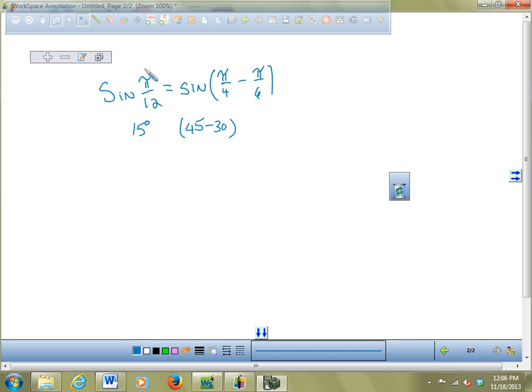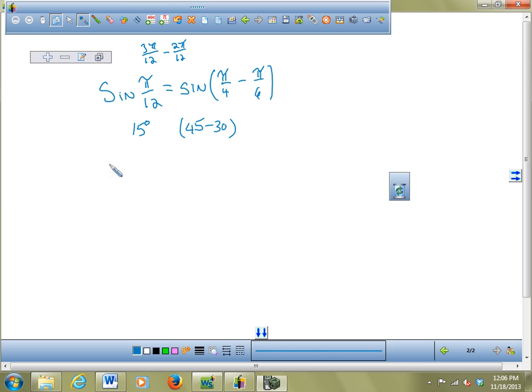If you think in radians, you can think of this as how many pi's over 12 is that? 3 pi's over 12 minus, how many pi's over 12? 2 pi's over 12 would give you 1 pi over 12. That's the way I try to think about it, in terms of pi's over 12, because 3 pi over 12 is pi over 4, and 2 pi over 12 is pi over 6.